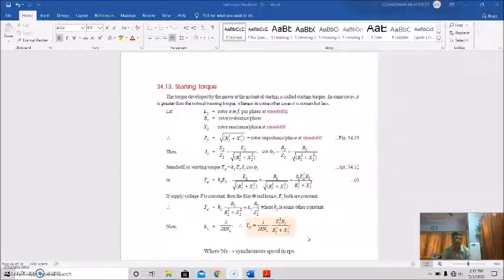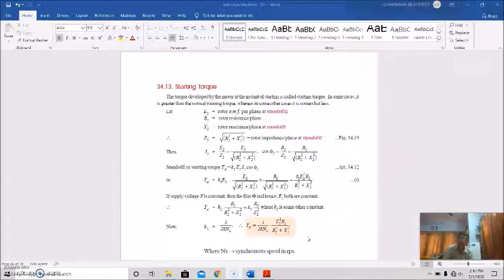The rotor current per phase at standstill is E2 by Z2, that is E2 by root over of R2 square plus X2 square, and cos phi 2 equals R2 by Z2, that is R2 by root over of R2 square plus X2 square.